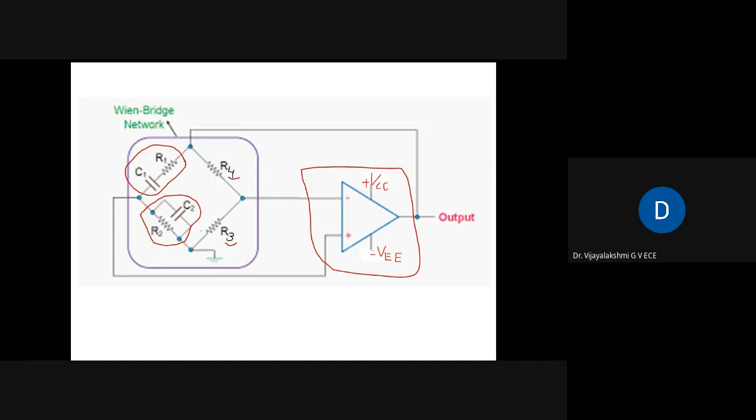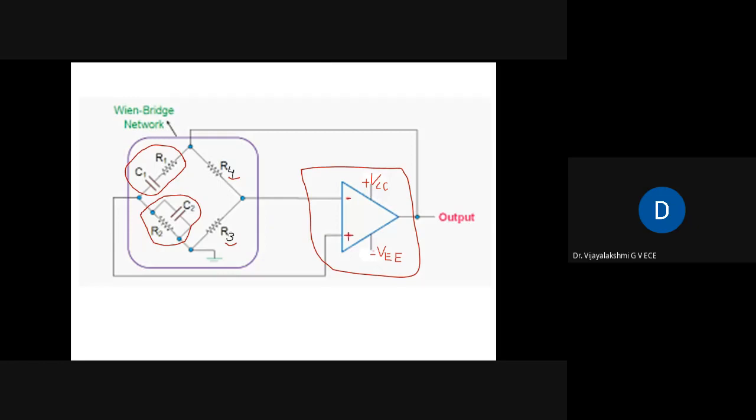Now, if I look at this circuit, I cannot make out how it forms that feedback, because this node is connected to the inverting terminal and this node is connected to the non-inverting terminal.